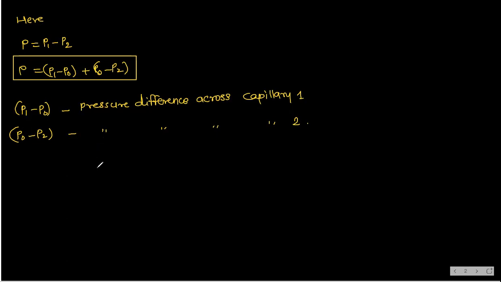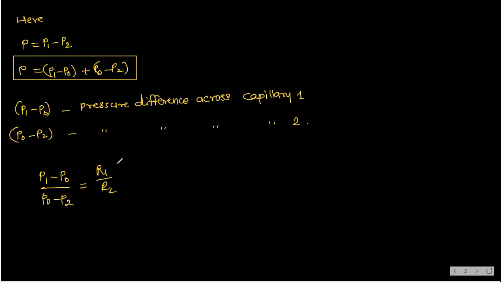Now, if we take the ratio, that is P1 minus P0 divided by P0 minus P2 is equal to R1 by R2. Yes, no, it is directly proportional, suppose.